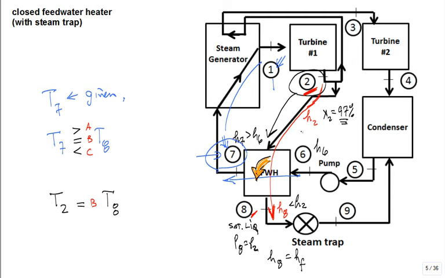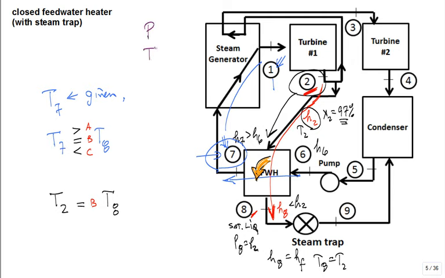It comes in at T2, goes out at T8, and T8 is equal to T2. It's condensing at constant pressure. Does the enthalpy change? Does the quality change? Yes. Pressure? No.